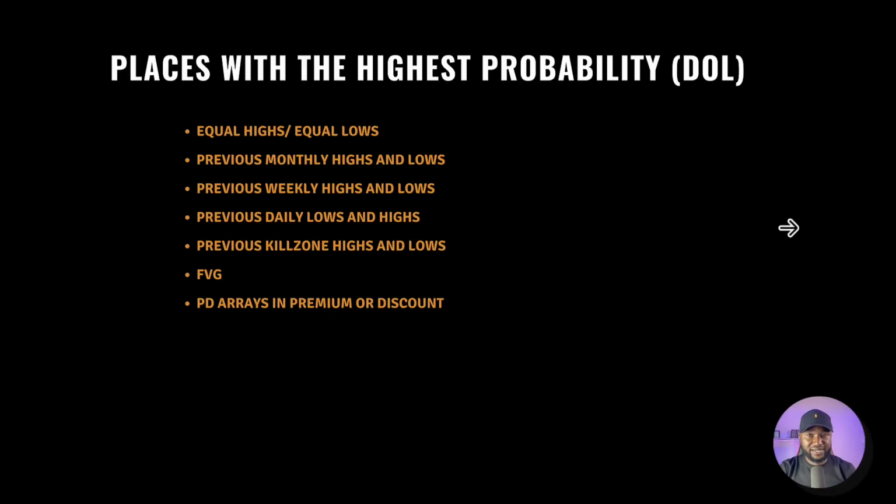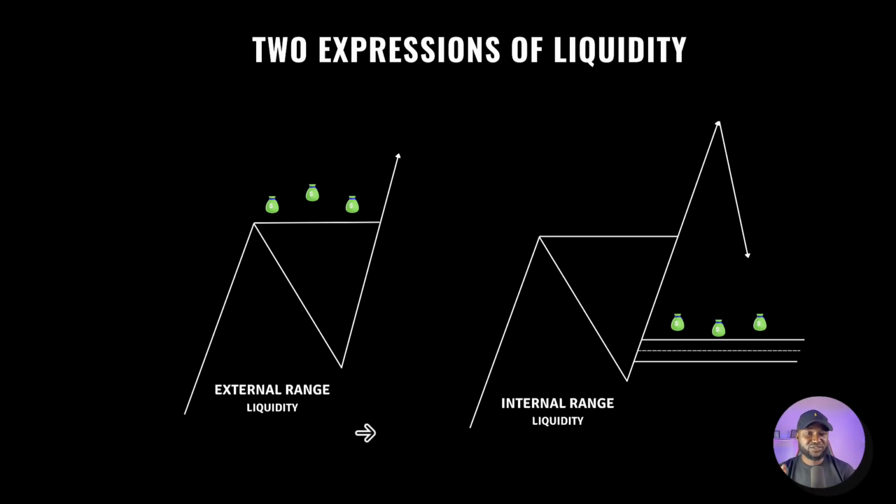When I go to the next slide, this brings us to the two expressions of liquidity. Remember, I told you that we have something called the external range liquidity. It is simply liquidity that is outside a particular price range. And then the internal range liquidity, where can we find them?